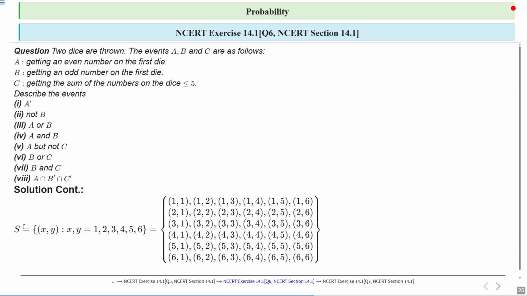So the sample space contains all those ordered pairs (x, y) where x and y range from 1 to 6. You can easily construct the sample space like this. So write down the sample space when two dice are thrown.